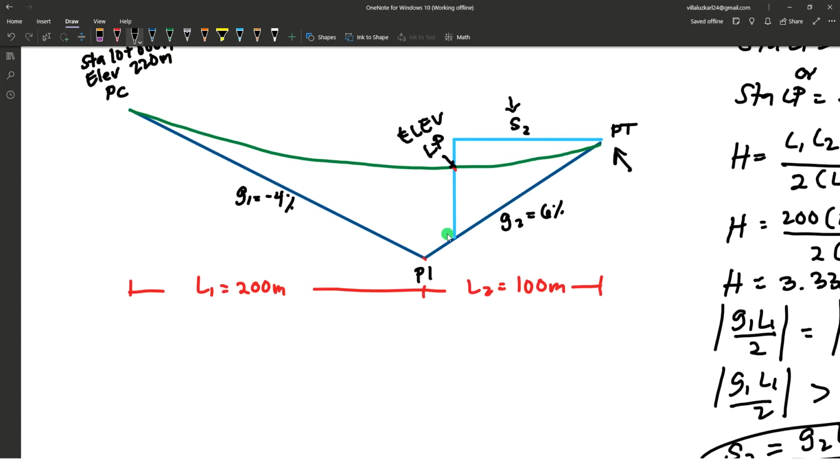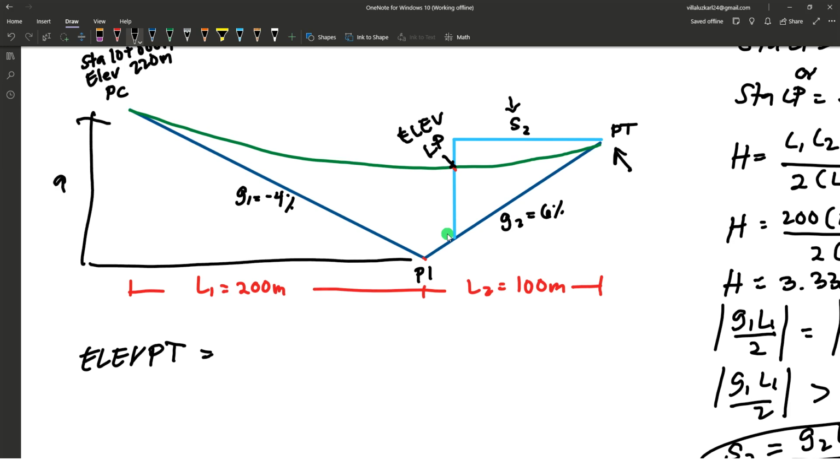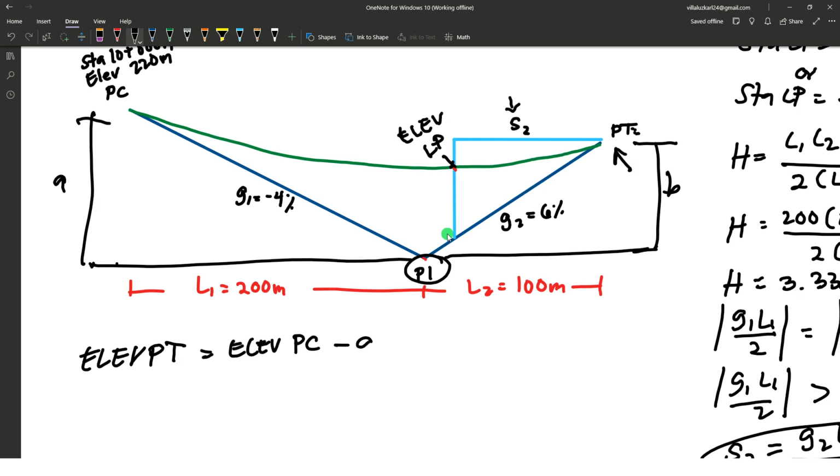The elevation of PT should be: we determine this vertical distance, let's say A, we subtract that so that we determine the elevation of PI. Then we add the difference in elevation of PI and PT, let's say P. So therefore, elevation of PC minus A plus P.